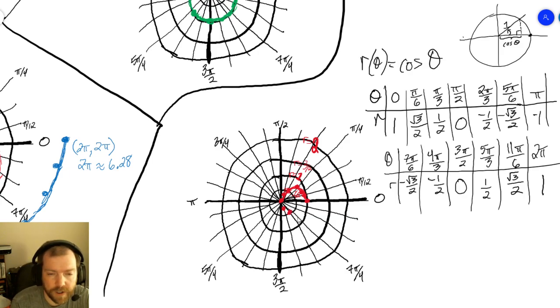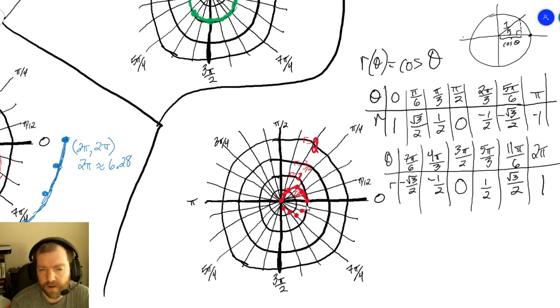3 pi over 4 is going to have a negative root 2 over 2, which is about, again, 0.707, somewhere about here. 5 pi over 6 here is negative root 3 over 2, which is 0.866, so we're really close here.